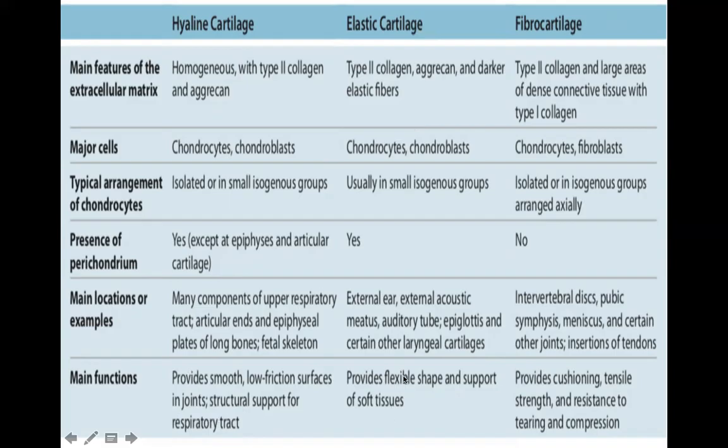Elastic cartilage provides flexible shape and support of soft tissues, while your fibrocartilage provides cushioning, tensile strength, and resistance to tearing and compression. I know generally speaking they provide support, but please take note of the individual function of each cartilage.